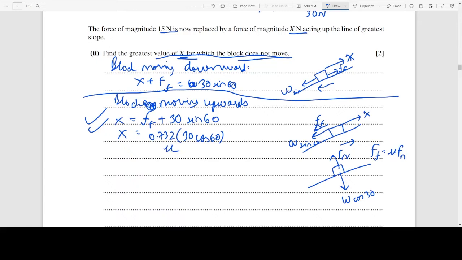So this is mu, this is normal, plus 30 sine 60. If you solve this, we'll get x is equal to 37 Newton.